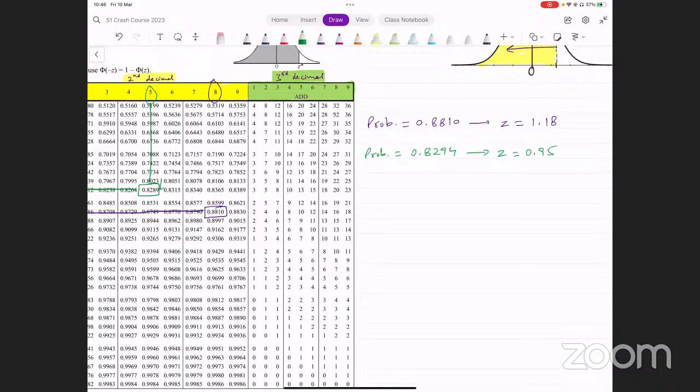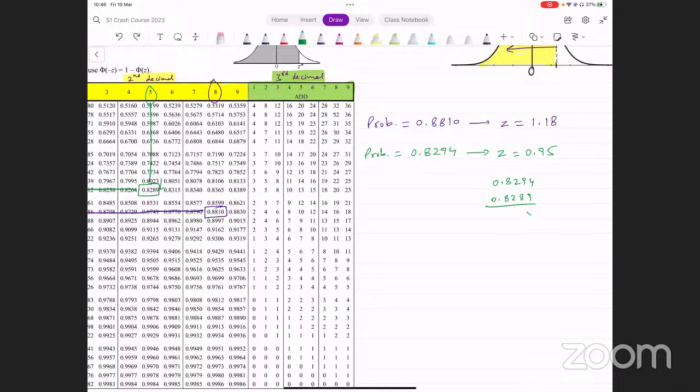However, the probability that we were looking for was 0.8294, and what we have found in the table is 0.8289. What's the difference? How much more do we have to add to 0.8289 to get 0.8294?